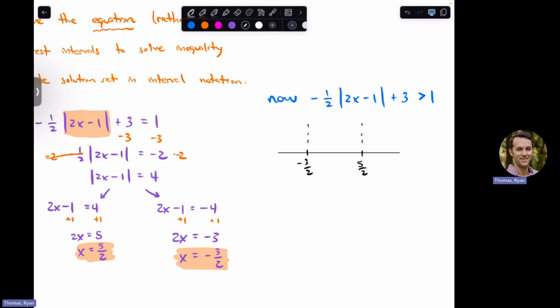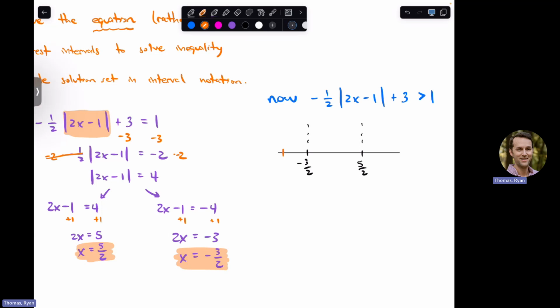So what I'm going to do is pick test values to plug into that, or again, if you want to think about it graphically, you can do it that way. You're looking for where this absolute value function, which has a bunch of stuff going on, including a reflection that flips it upside down, is bigger than 1. What we just found is where they intersect. So if that's okay with you, then go with that. That's fine. Again, sketch me a little picture or something.